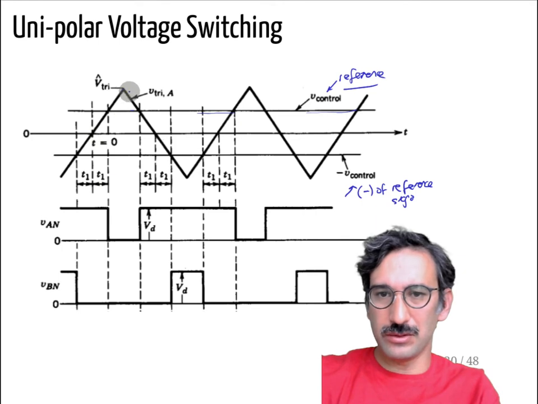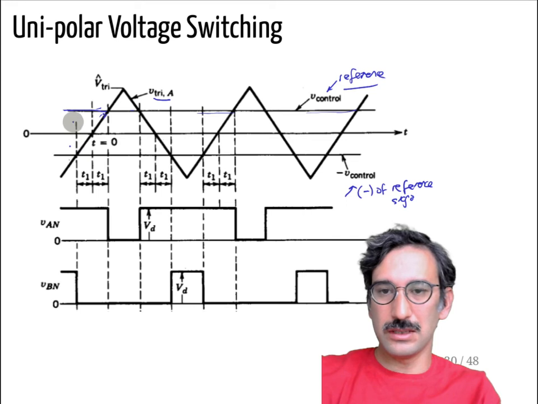Whenever, this is for A, the first leg, whenever your reference, okay, this is your reference, this is your triangular waveform. Whenever your reference is larger than your triangular waveform, that means I'm kind of behind. So I need to apply a positive voltage.